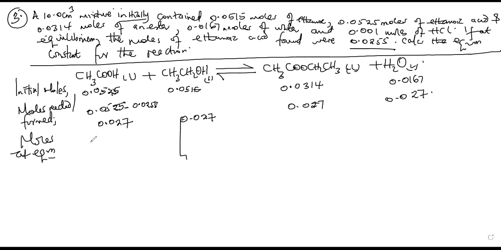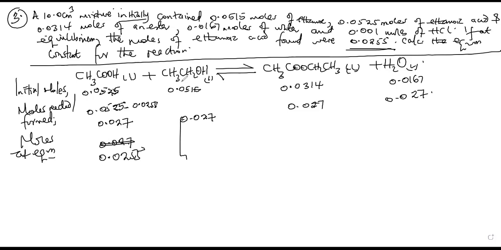Now, to get moles at equilibrium, for ethanoic acid we were found to have this, so we rewrite 0.0255.